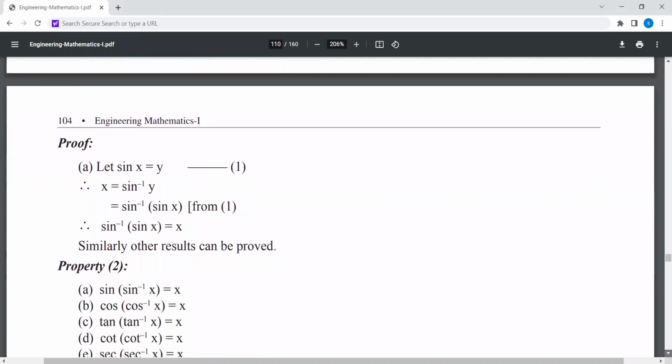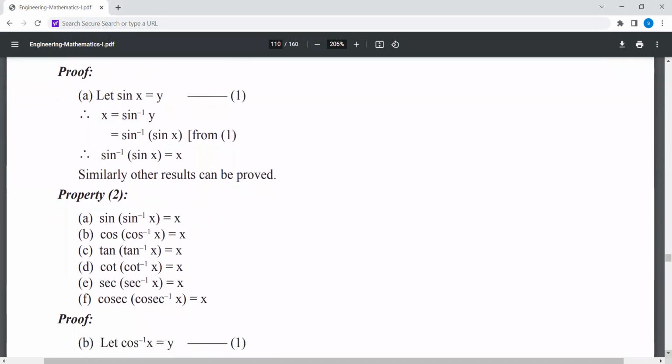Next, the proof of the above properties. First, we show that sin inverse of sin x is equal to x. Assume sin x is equal to y. Call this equation 1. Then transferring the sine to the other side, x is equal to sin inverse y.